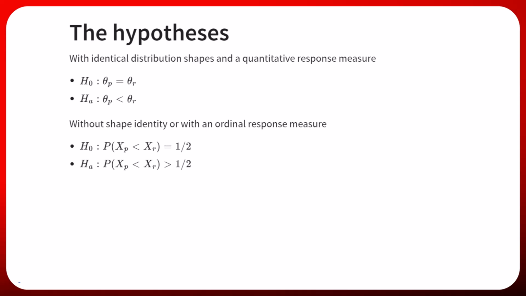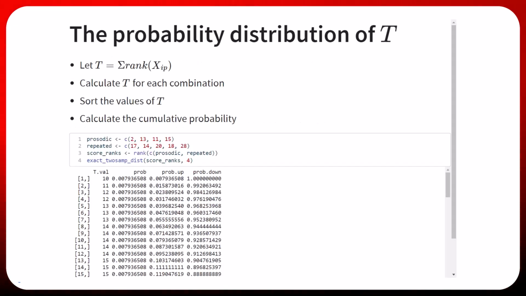There's an equal probability that the smaller score will come from either condition. But the alternative is that we will have a higher probability that we obtain smaller numbers of errors from the prosodic condition than we do from the repeated reading condition.